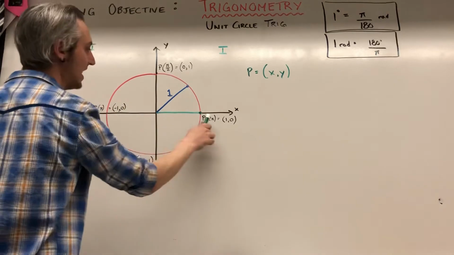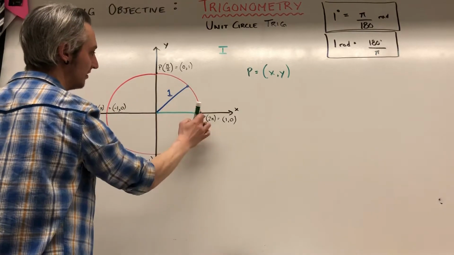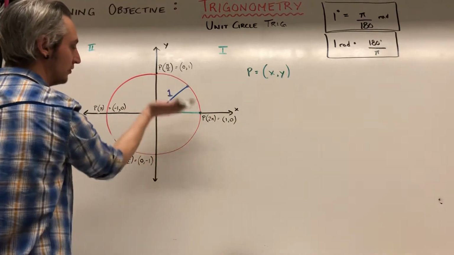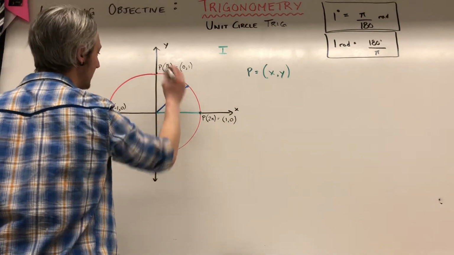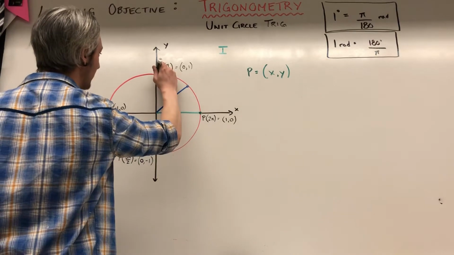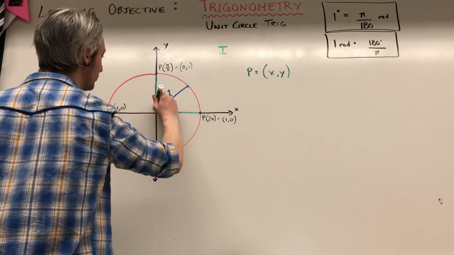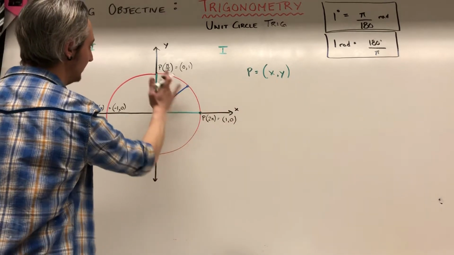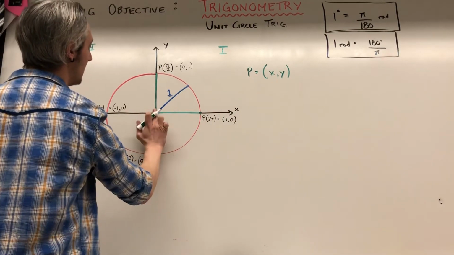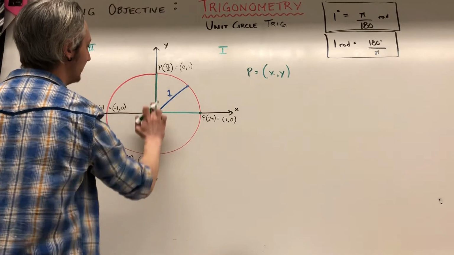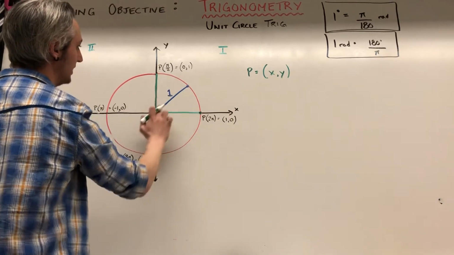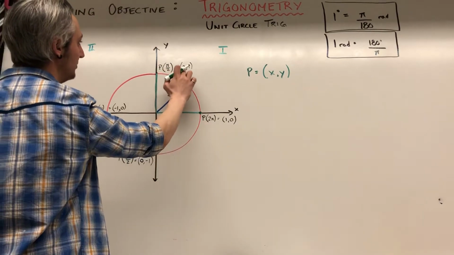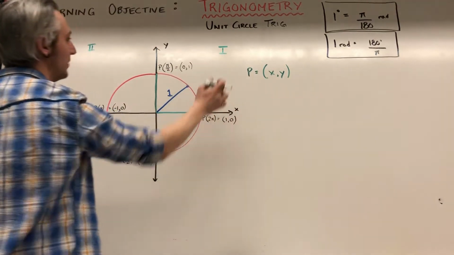In this case, my x is 1, the exact length of my hypotenuse or radius, and I have 0 for my y. When that radius moves to the vertical position, between quadrant 1 and quadrant 2, my x has gone to 0. There's no more x, but my y is the same length as my radius. So that coordinate is 0 for my x, 1 for my y.